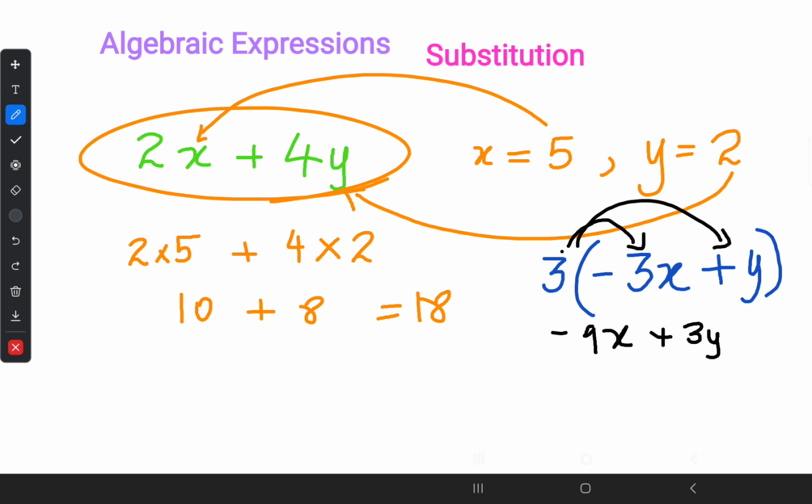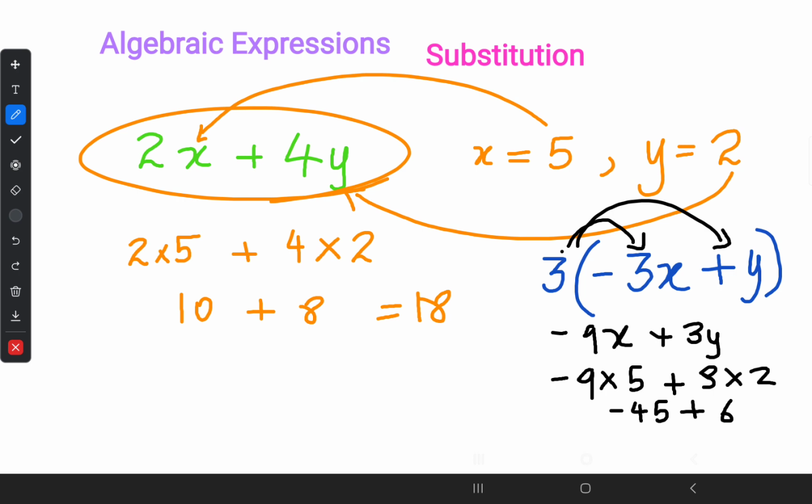Thereafter, let's substitute the values. Negative 9 times x is 5, plus 3 times y is 2. Negative 9 times 5, it's negative 45, plus 3 times 2, it's 6.